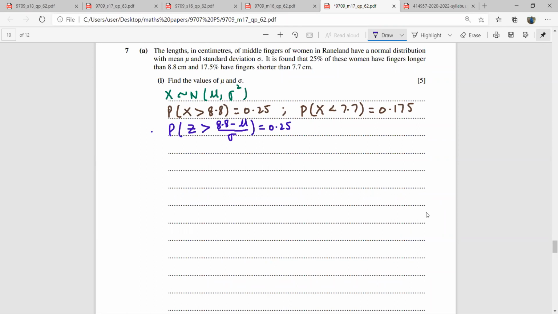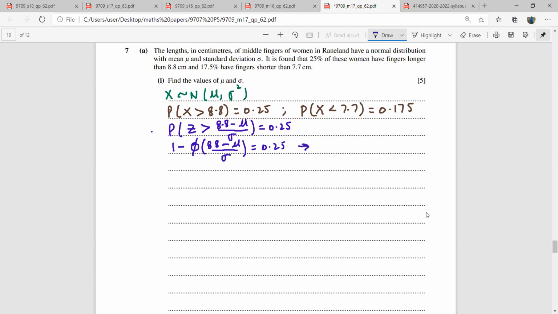We're fine with this because there's a greater than sign and this probability is less than 0.5, so there's no need to think about a negative value here. So this becomes 1 minus phi of (8.8 minus mu) over sigma, equal to 0.25.